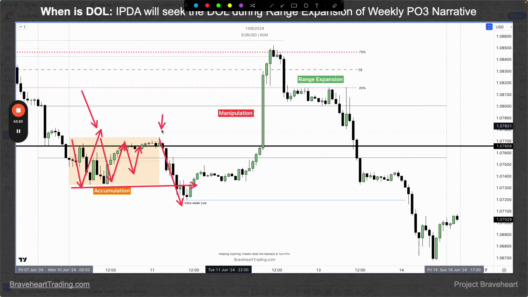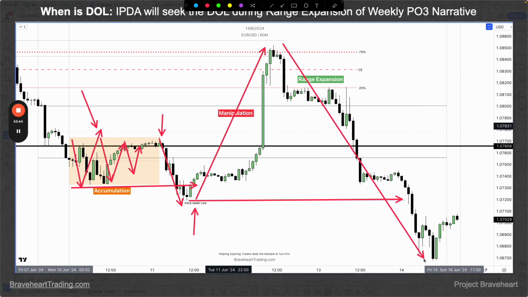They're going to put the stops above here. So what does the market do? It forms the Judas swing, takes them all out, creates new pending liquidity here. Then now range expansion part of the week seeks the engineered liquidity for the week below the weekly open as well.